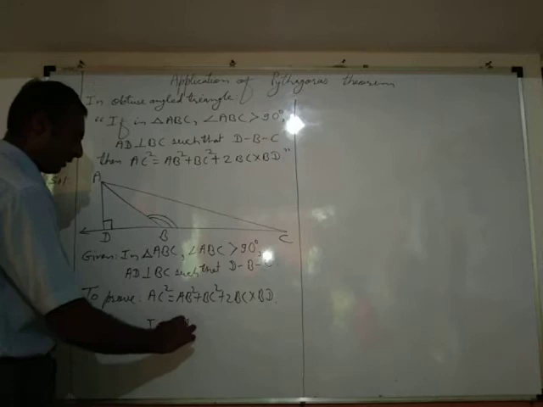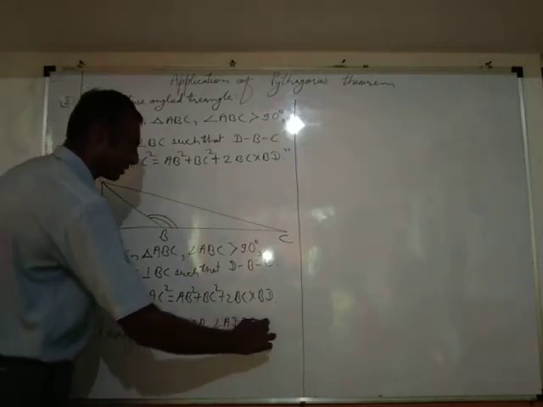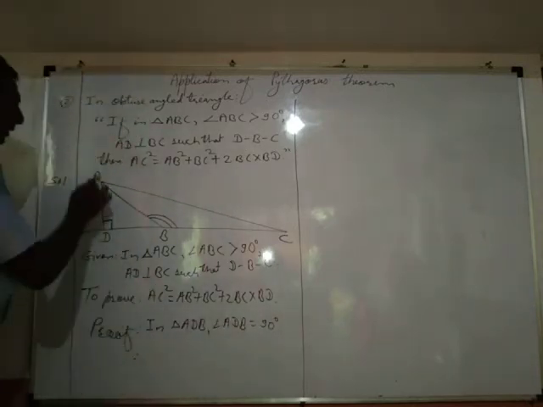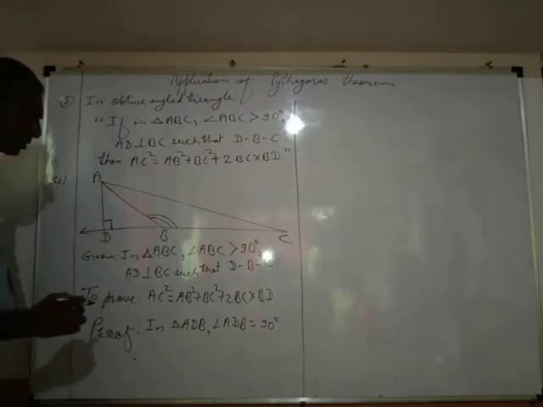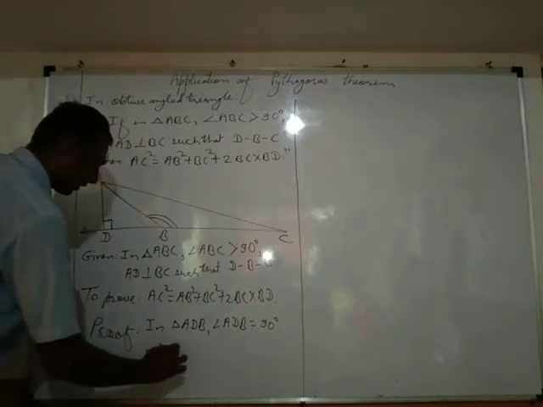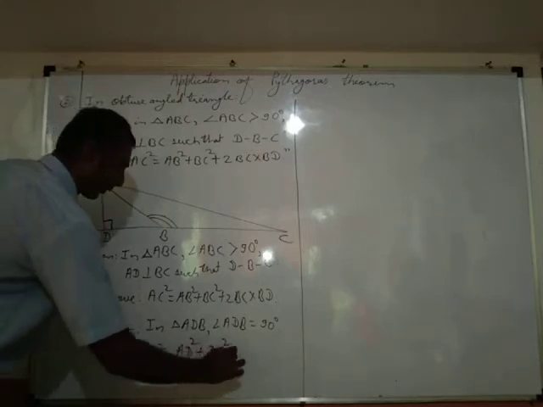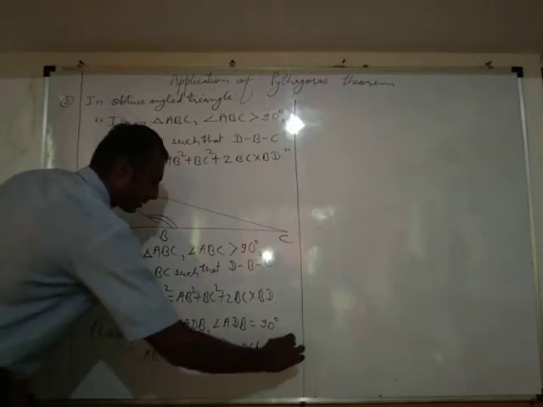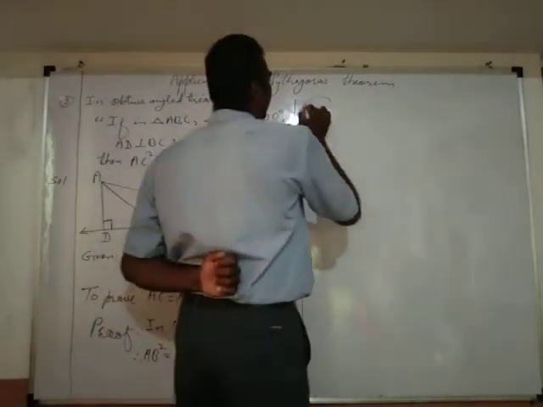In triangle ADB, angle ADB equals 90 degrees and therefore AB is the hypotenuse, AD and DB are the remaining two sides and therefore by Pythagoras we can write AB square equals AD square plus DB square, equation first, by Pythagoras theorem.